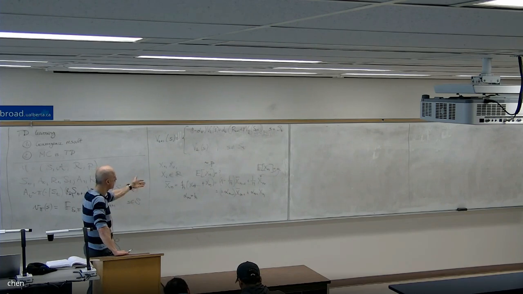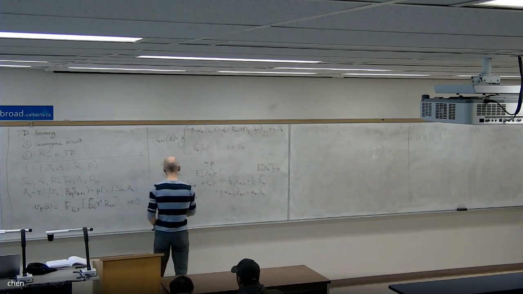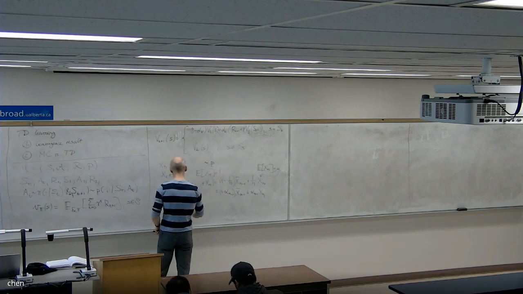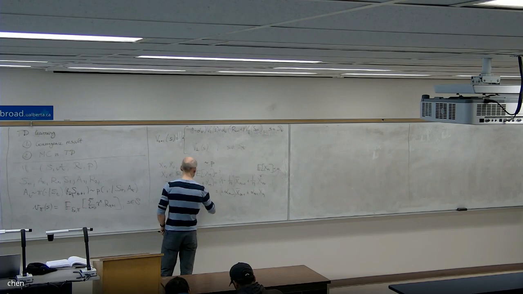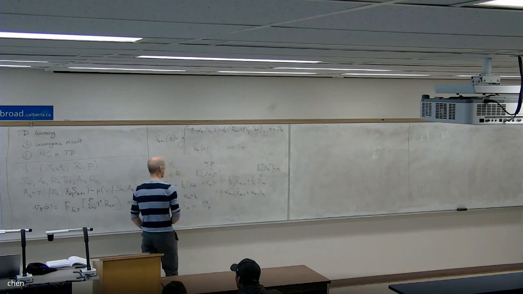In particular, you can easily calculate the variance of X bar_n, assuming that the variance of the distribution P exists. The variance of X bar_n is the variance of X1 divided by n, based on independence.